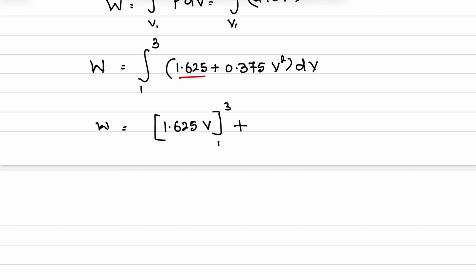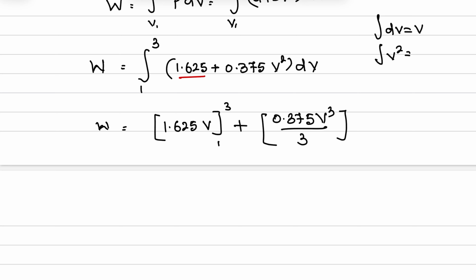Plus 0.375 V square is V cube by 3. Integral of dV is equal to V. Integral of V square dV is equal to V cube by 3. This you should be knowing by this time. You should know the small integrals and small differentiations while doing physics problems.